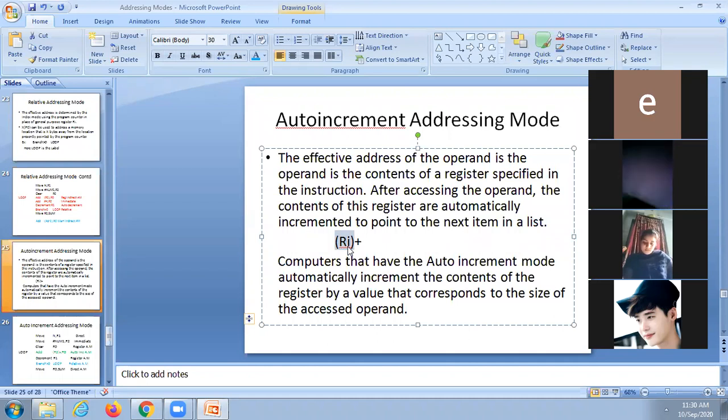Ri is in brackets. What is the meaning of it? Address. Yes, it contains the address. Automatic increment of the contents of the register means the contents of the register are an address, incremented by a value that corresponds to the size of the accessed operand. If it is an integer, it is incremented by 2.